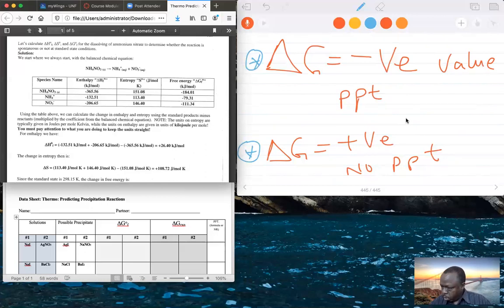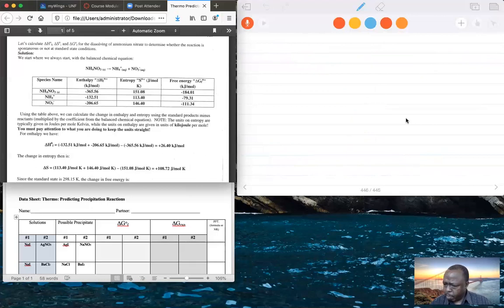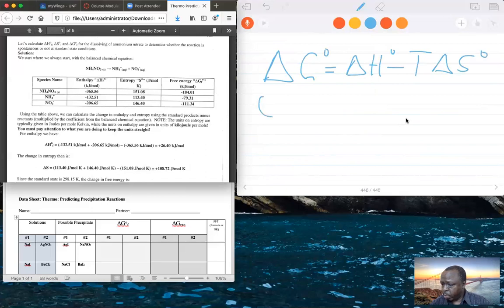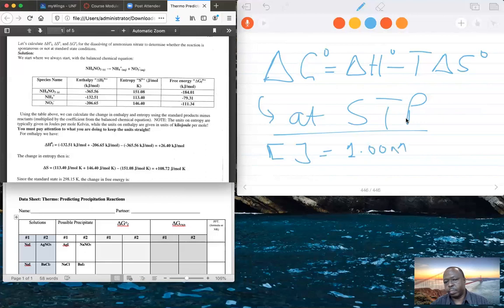Now, what is meant by this? If I say this, change in standard, we say this is the standard free Gibbs energy. If I rewrite the equation with this, minus temperature, change in standard state here, this means at STP. You know what that means at STP? That means concentration or molarity equals 1.00 molar at STP.